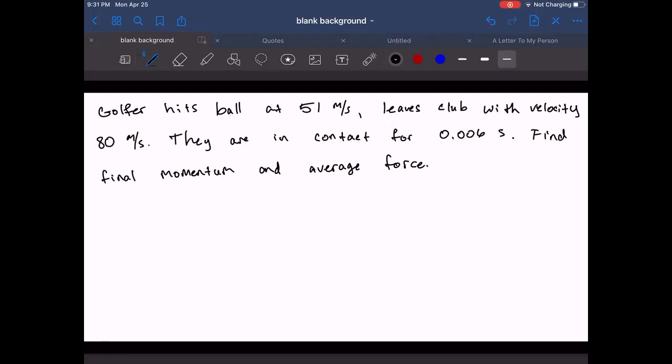Okay, so I got 2 parts here. They want final momentum and average force. Which equations should I use?